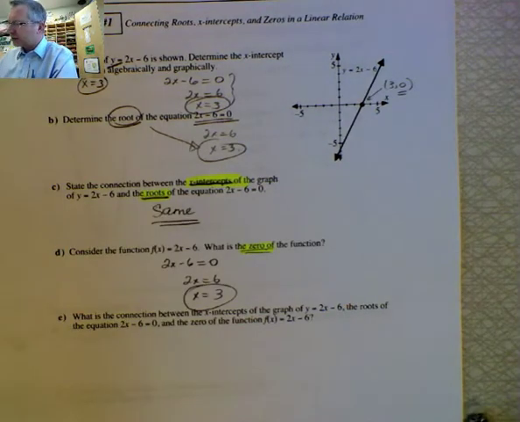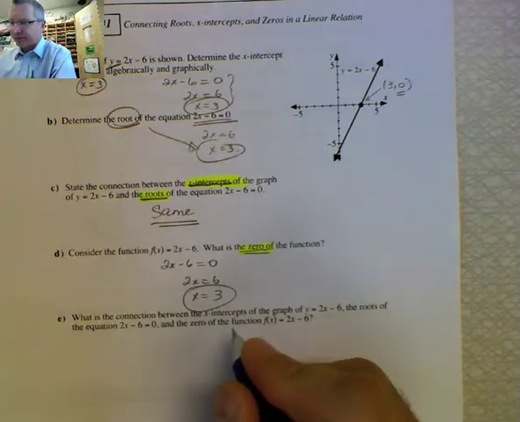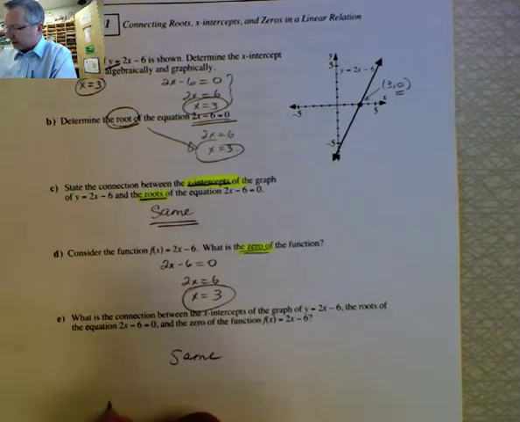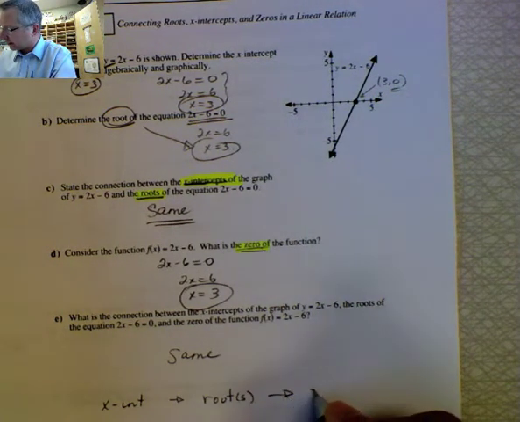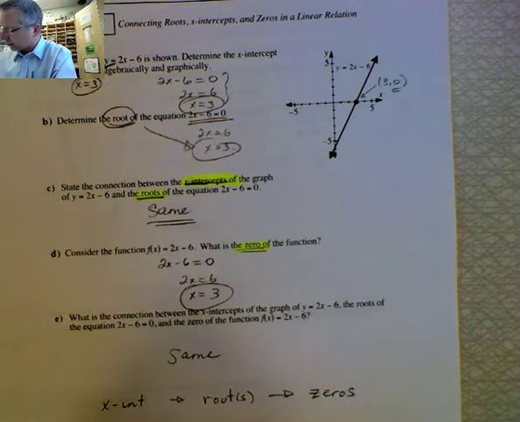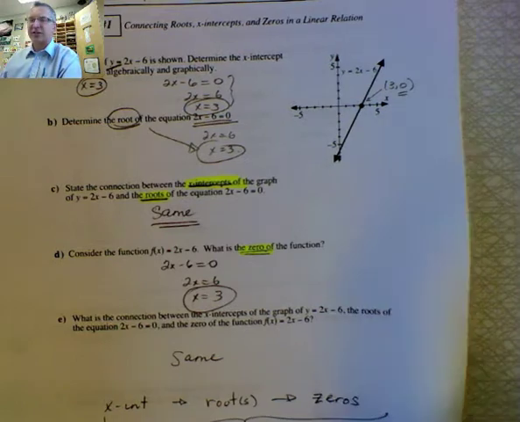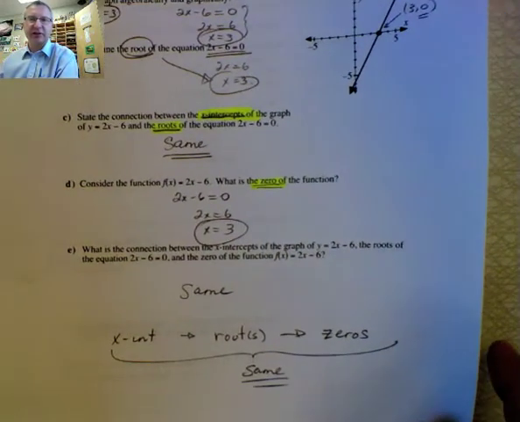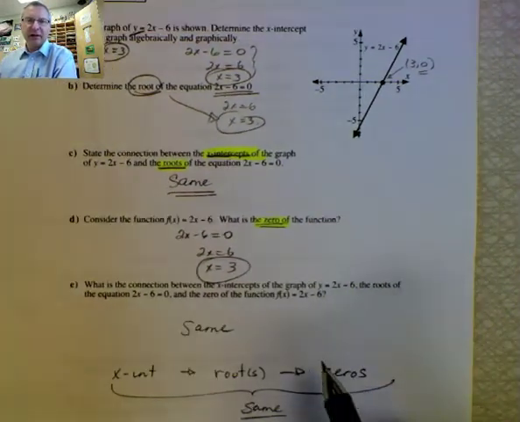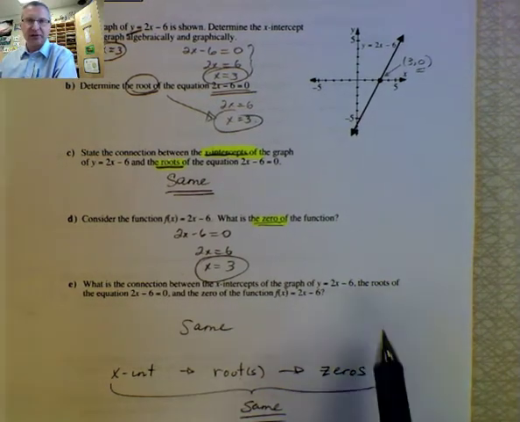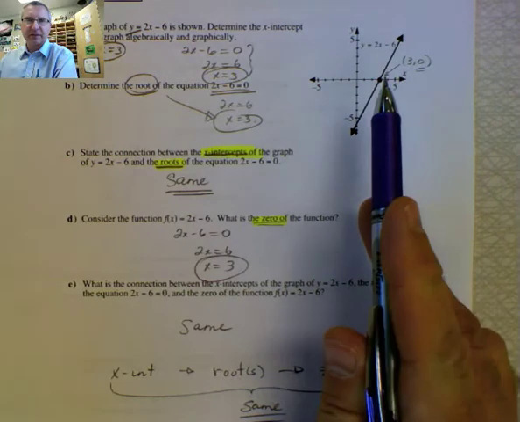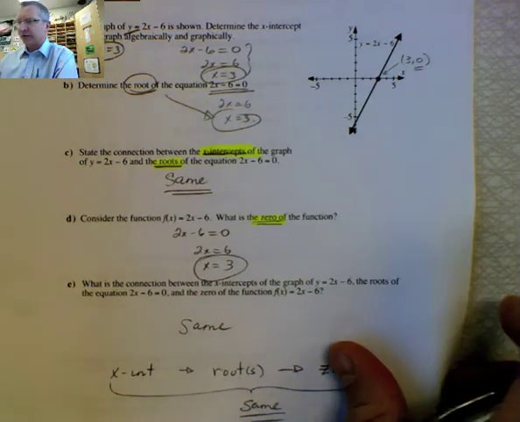So we have three terms that are the same: x-intercept, root or roots, and zeros. Those are all the same thing. So they're synonyms. They're words that we're going to use interchangeably. Anytime I or your workbook uses the word x-intercept, roots, or zeros, it means you're finding the x-intercept of the function. You need to know that.